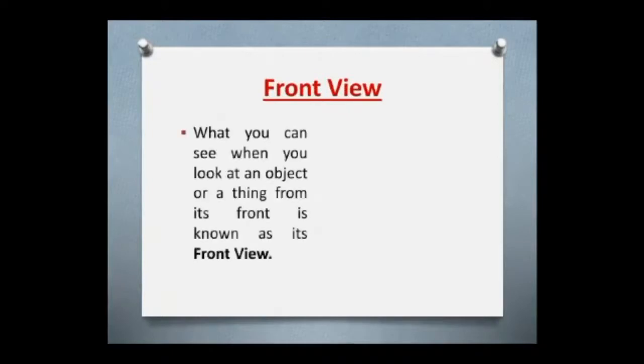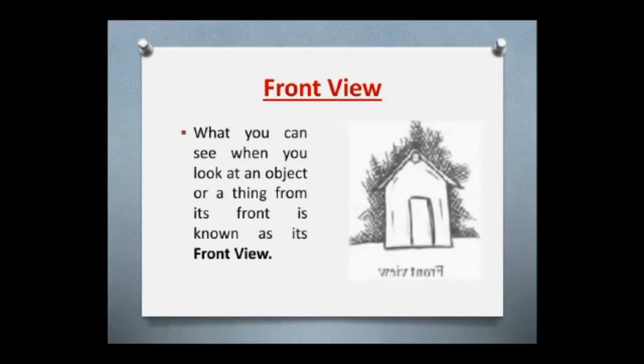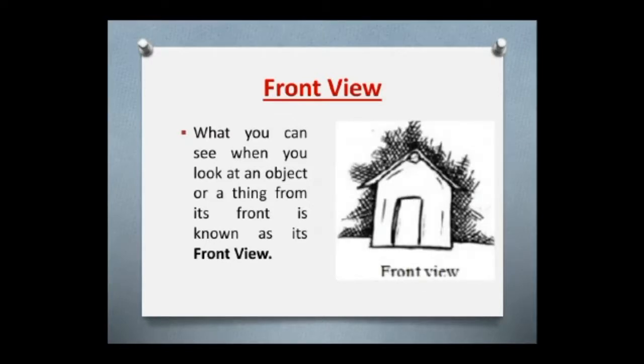Next one is front view. What you can see when you look at an object or a thing from its front is known as its front view. So, here we can see the front view of a hut.